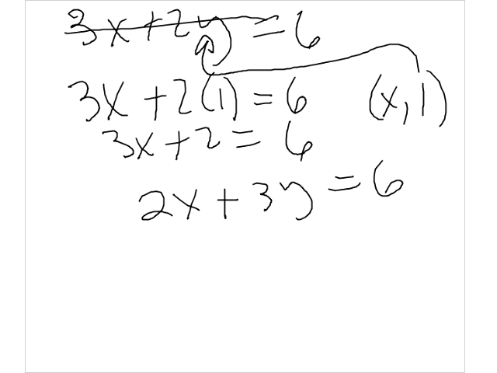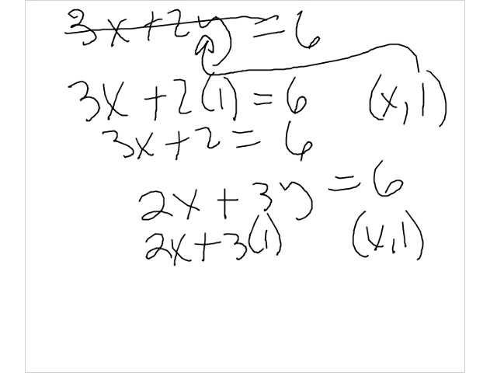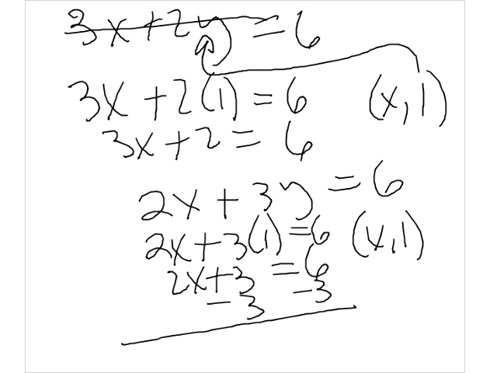Okay, so we were supposed to find x, and we still let y equal 1. So we would have 2x plus 3 times 1 equals 6. And that would be 2x plus 3 equals 6. Then we would subtract 3 from both sides. And that would give us 2x equals 3.